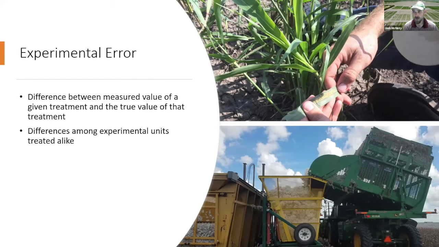The other way we can think about it is the differences among experimental units treated alike. In the first session of this training, Dr. Parker had a really good example where he showed actual yield data from a field that was planted to the same hybrid of corn. Individual combine passes were harvested and weighed out, and you could see a lot of variation from one pass to the next across that field.